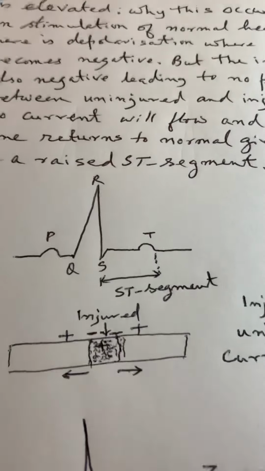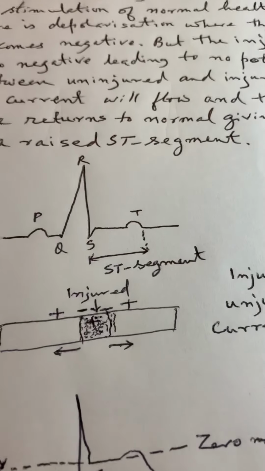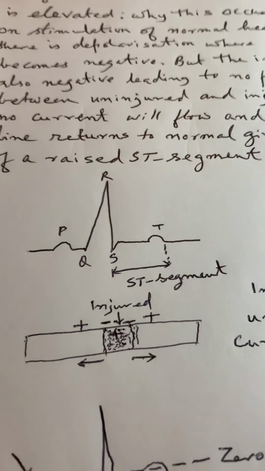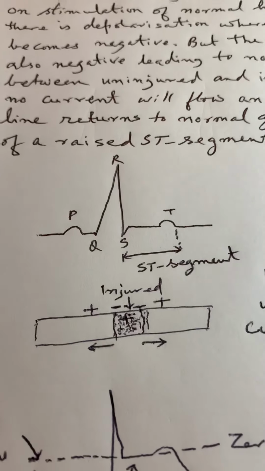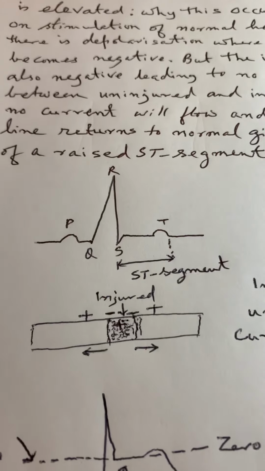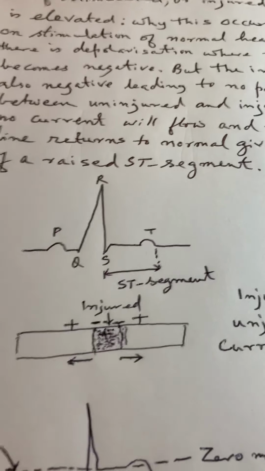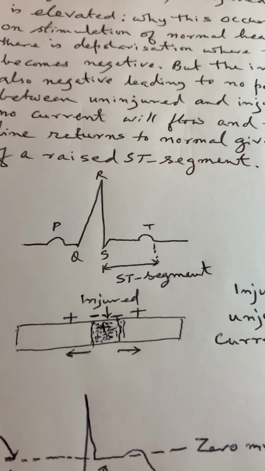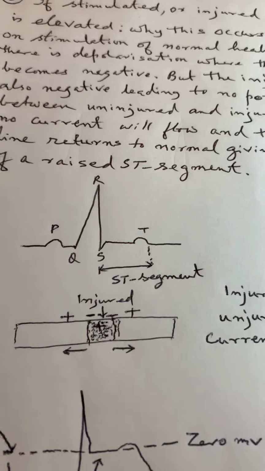Now, let me go through why the ST segment is elevated with the help of the diagram. Remember the ST segment, from the S to the beginning of the T, is the period during which the heart is fully depolarized, and from T to P it is fully repolarized.